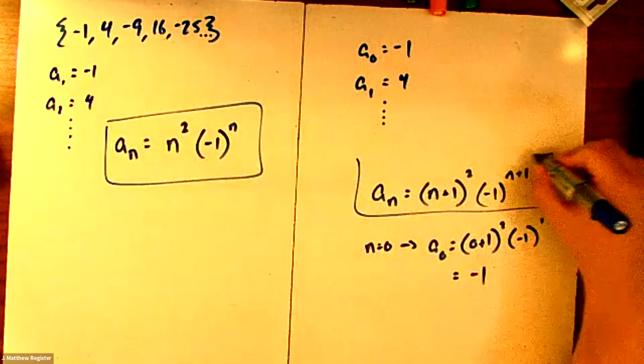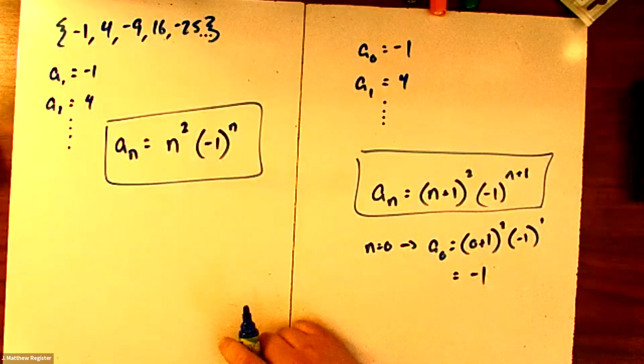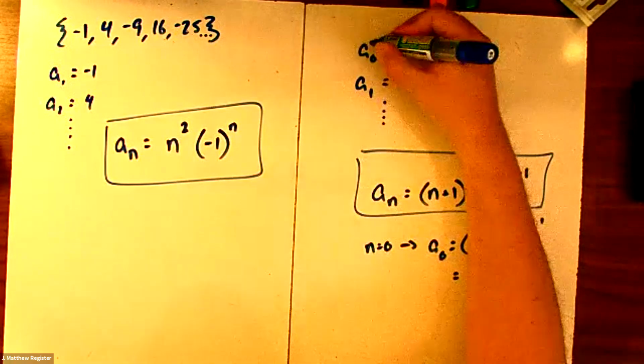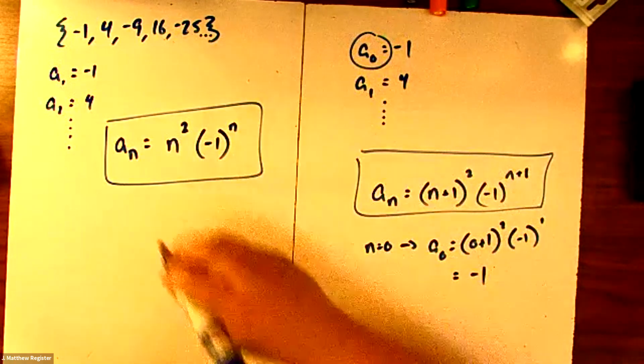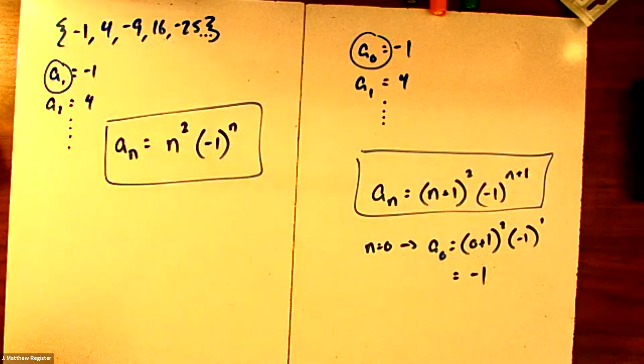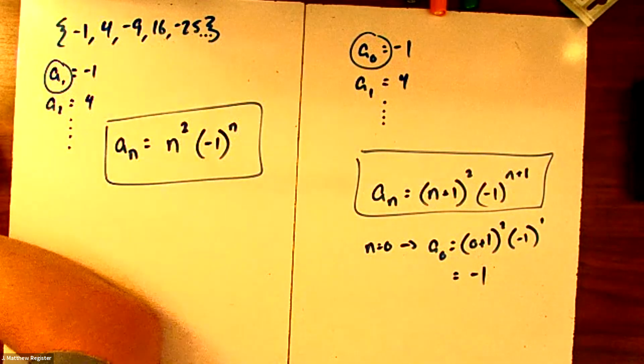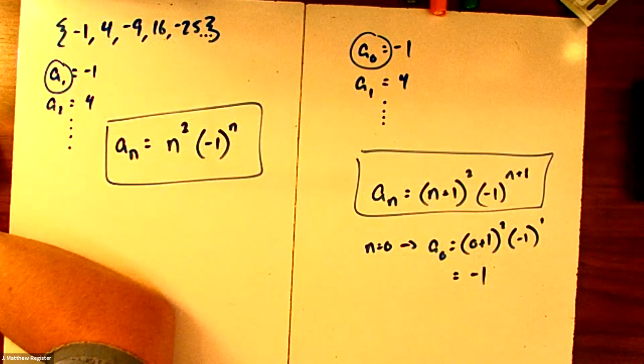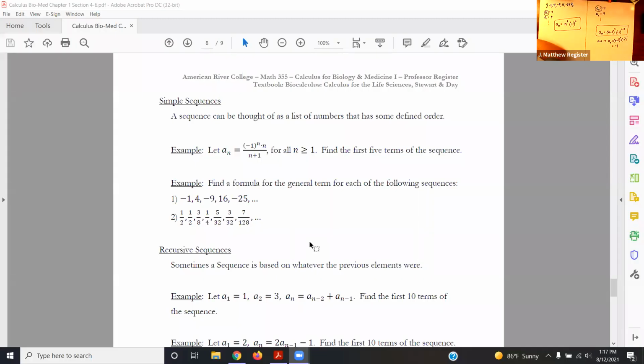You could go with this answer. Really, you'd want to check to see if it's talking about utilizing an A0, or if it's starting the sequence at A1. And hopefully the directions for homework and whatnot will actually say that. Depending on what type of stuff you're doing, you might want to start with A1, or you might want to start with A0. And so it really does depend on what you're doing.